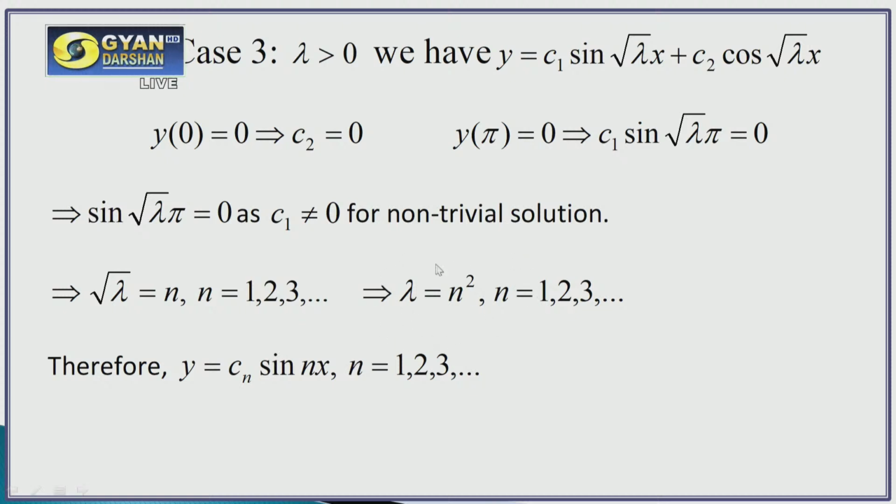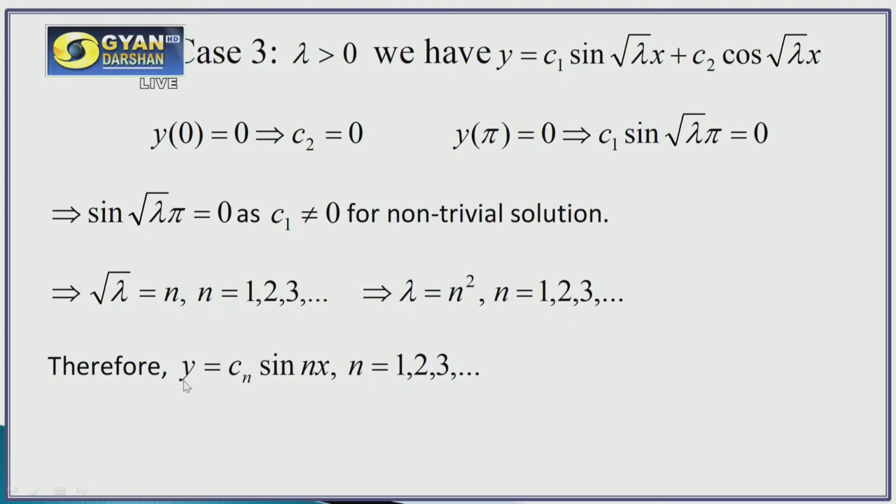Now this is your lambda. For each lambda equal to n square, you will get a solution, where these cn's are non-zero. So this is your final solution, y equal to cn sine nx. Each of them is a solution. For each n, for each lambda, you will get a solution cn. So what is the ultimate solution?